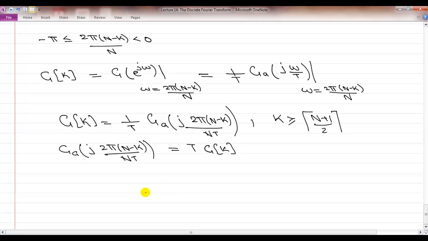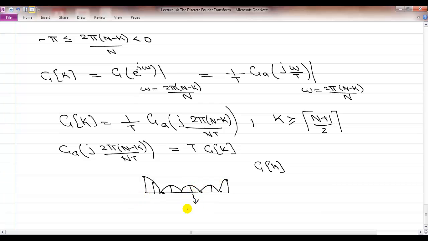Okay. So if I take this example, let's say my g[k] was given like this, going back to the example that we had done earlier. It corresponded to a DTFT like this.